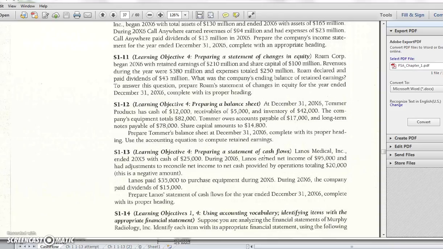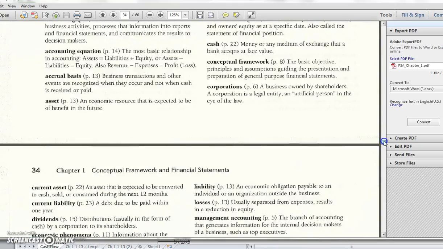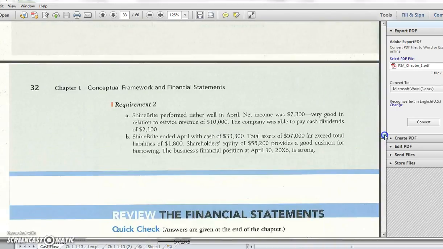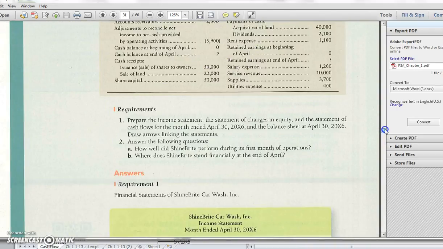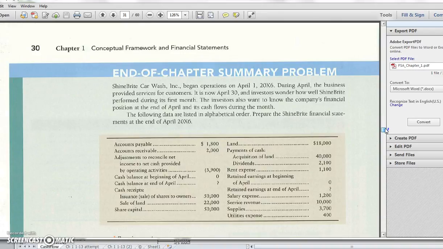Miss Janice, I'm panicking. Well, okay, I'm here to help you with this. So first of all, let's take a look at the statement of cash flow. So remember on page 3031 is an end of chapter summative summary problem.